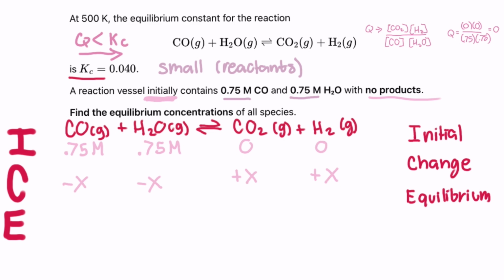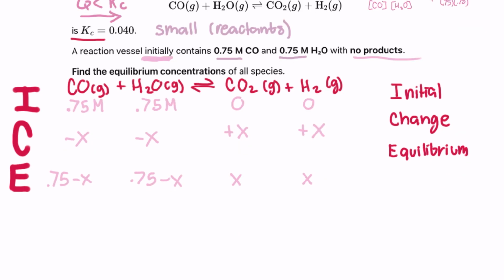If we have the initial and we know the change, we know that the equilibrium will be the same as this. Remember, this last row is for equilibrium concentrations.